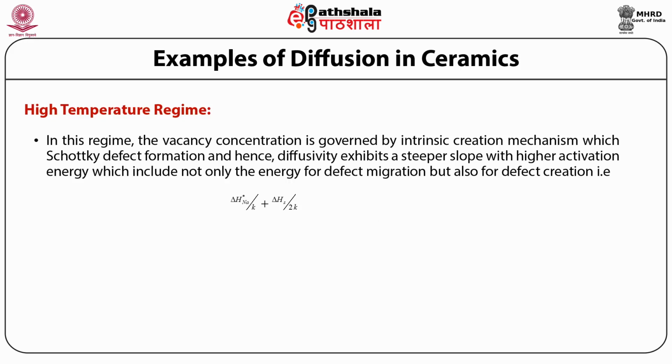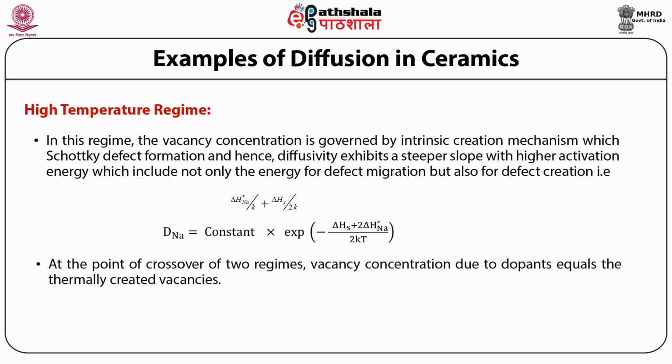So in this case, D_NA is equal to some constant into exponential minus (delta H plus 2 delta H_NA) by 2 KT. So at the point of crossover of two regimes, the vacancy concentrations due to the dopant equals the thermally created vacancies.